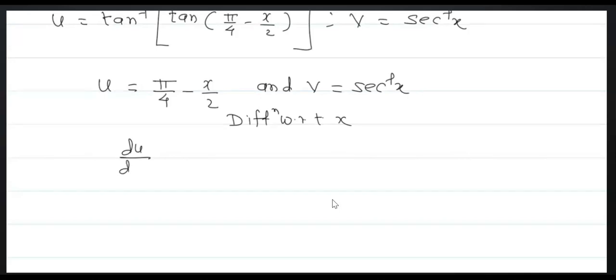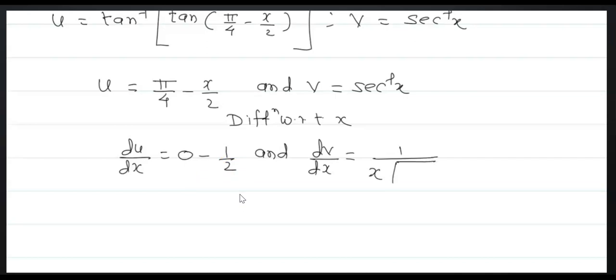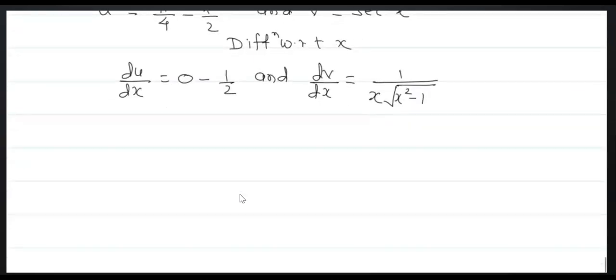Therefore, du upon dx is equal to derivative of pi by 4 is 0 and derivative of x is 1, and overall you are getting minus 1 upon 2. And dv by dx is equal to the derivative of sec inverse, which is 1 upon x in root of x square minus 1. Therefore, our required derivative, that is du upon dv, is equal to du by dx upon dv by dx.